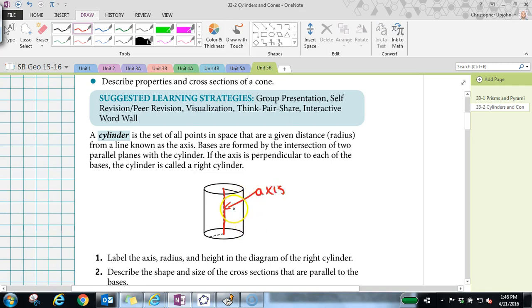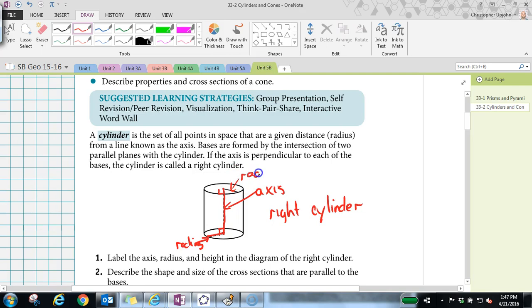And because the axis is perpendicular to the base, both bases, it is a right cylinder. And right basically just means it stands up straight, and that's what we're going to see in future chapters. So label the axis. We have our radius, which is just the radius of the two bases, which is our circle.